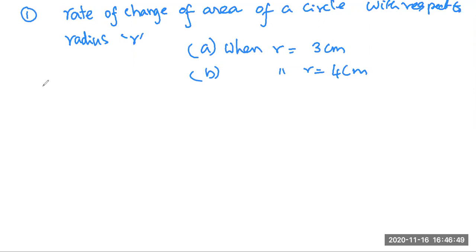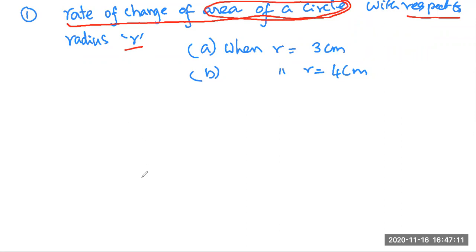So these are the keywords: when they say rate of change of area of a circle, then with respect to radius r. Which means we must know the formula for the area of a circle.